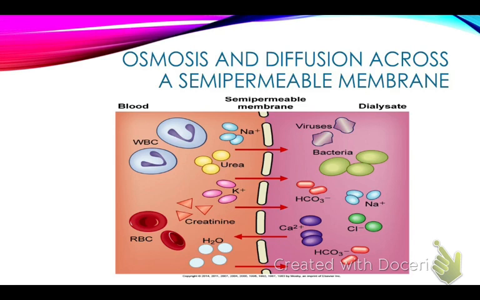And then osmosis, which is just movement of fluid from an area of lesser concentration of solutes to an area of greater concentration. So that is your osmosis, the water movement from lesser concentration to the area of greater.